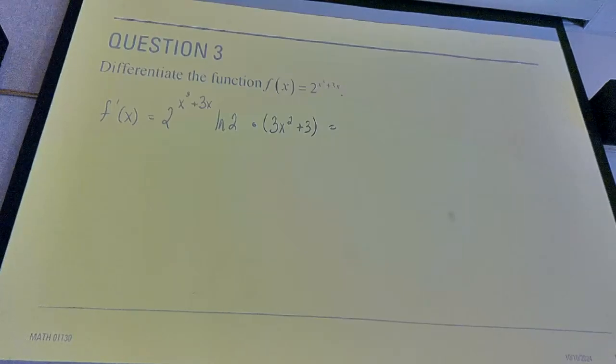And generally speaking, we write log of 2 at the very end, but you don't have to. And if you wanted to keep the constants up front, then you could write log of 2 out in front.